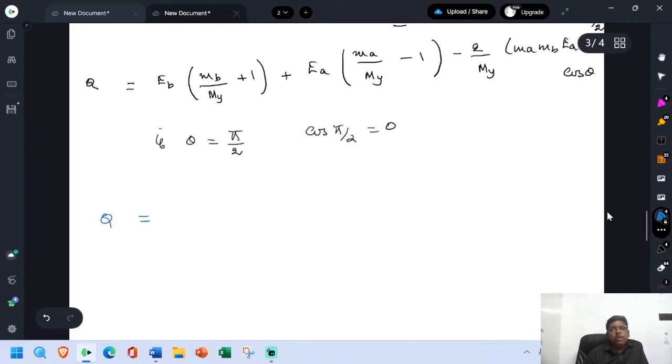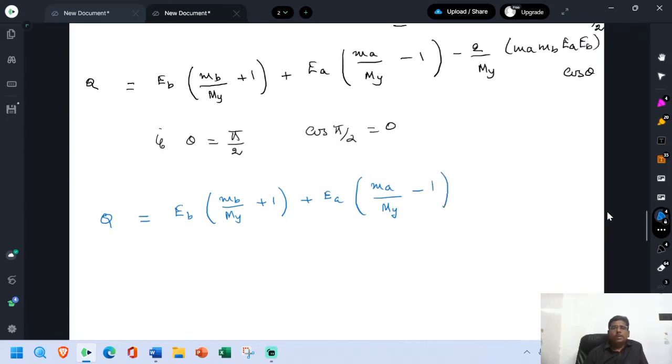Now the Q value becomes Q equals Eb into (Mb by My plus 1) plus Ea into (Ma divided by My minus 1). The last term is discarded.